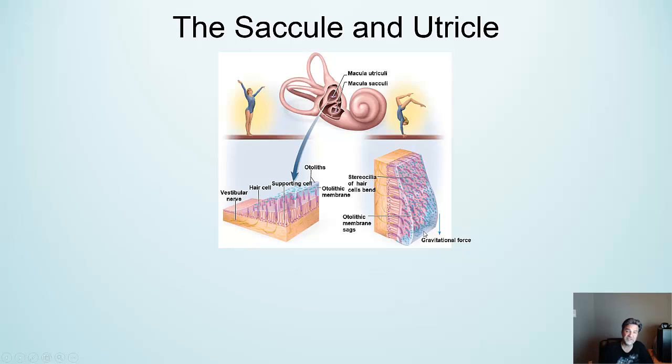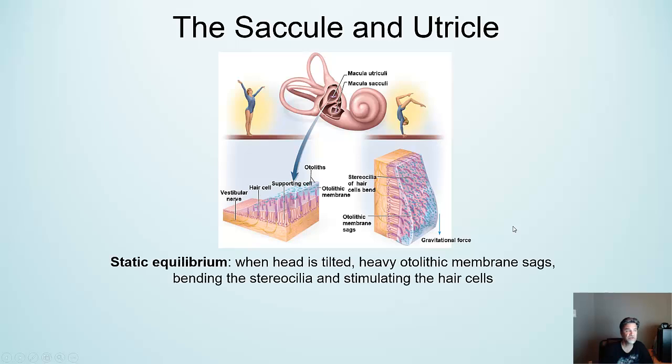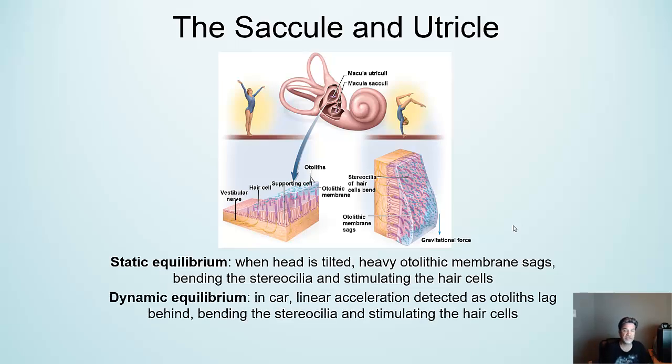When this gelatinous membrane sags, it's going to yank on these hair cells, causing them to open channels, causing potentially the eventual release of neurotransmitter. So in static equilibrium, when the head tilts, we're going to see the membrane move in one direction for either the utricle or the saccule.